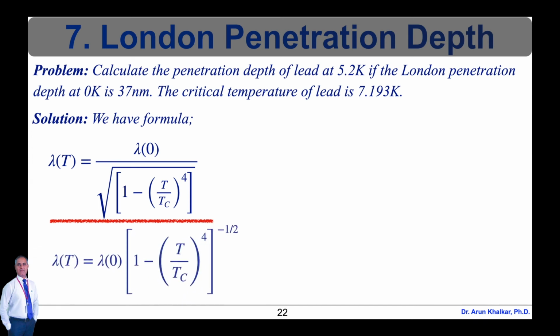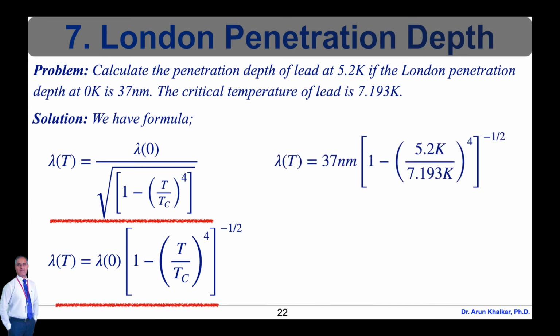So rearranging this formula, we can write λT = λ0 [1 − (T/Tc)^4]^(−1/2). Therefore, λT = λ0's value, 37 nanometer, times [1 − (T's value, 5.2 Kelvin, divided by Tc, 7.193 Kelvin)^4]^(−1/2).